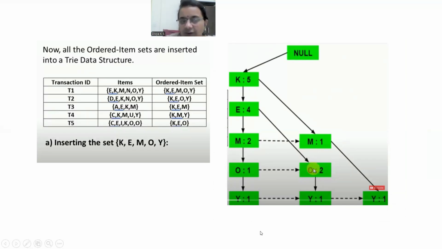This is your final tree. So finally, K value will be 5, E value will be 4, M is 2, and on this second path M is equal to 1. This O1 and Y1 are for the first path. Second we have another path KMY, and another path KEOY. Okay. So this is the graph.